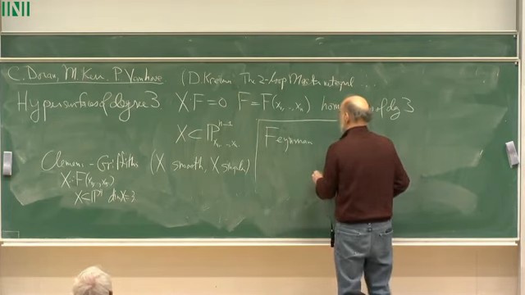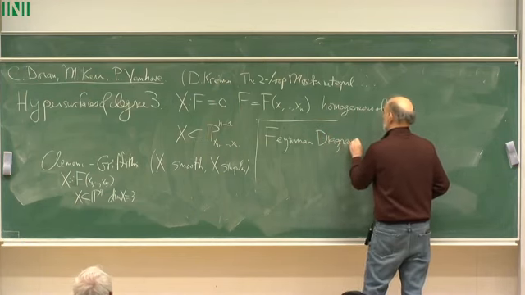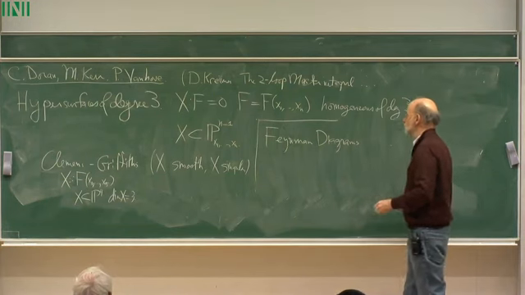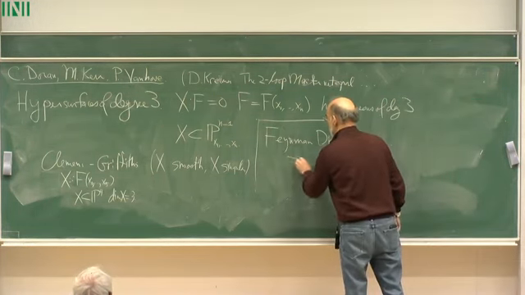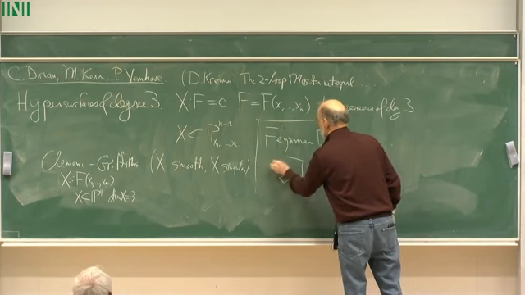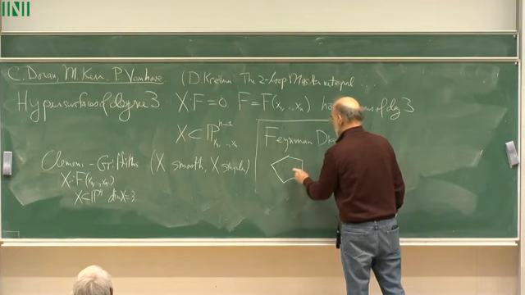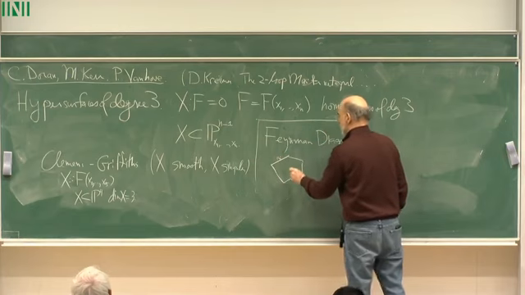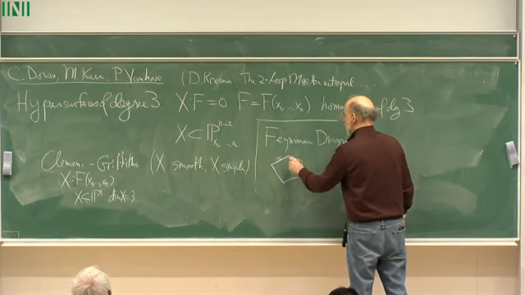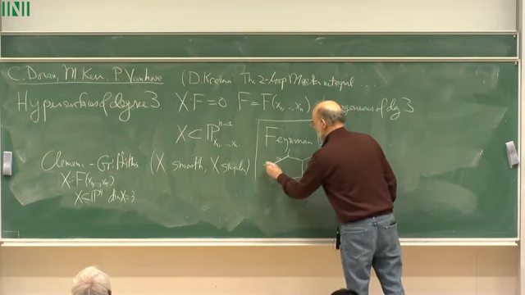I think there's an N. Feynman diagrams. So what are Feynman diagrams? Well, as a first approximation, they're graphs. So I'll draw sort of a stupid graph here. And the edges are labeled by masses. So we have mi here on each edge. We have a mass. And at the vertices, we have momenta.